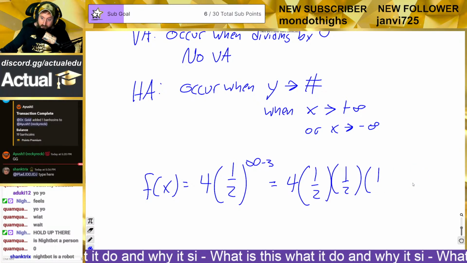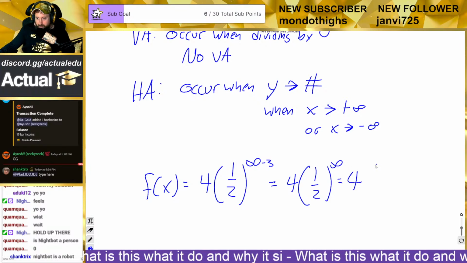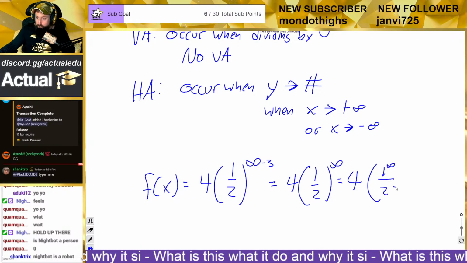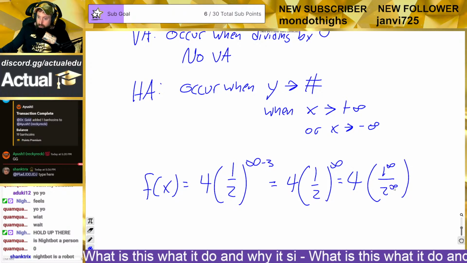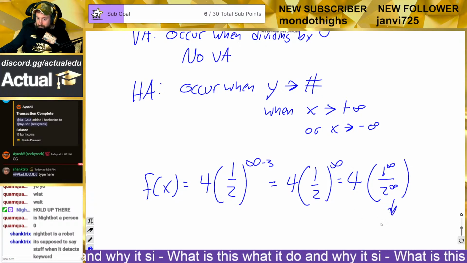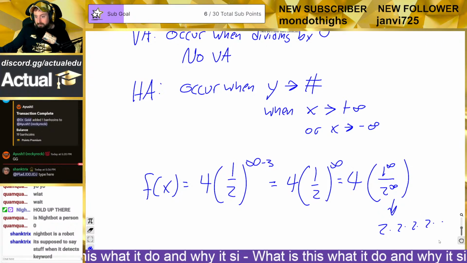You could also evaluate it this way. 1/2 to the infinity is the same thing as 1 to the infinity, which is just 1, over 2 to the infinity. 2 to the infinity is infinity, because this is the same thing as 2 times 2 times 2 times 2 times 2, like a ton.